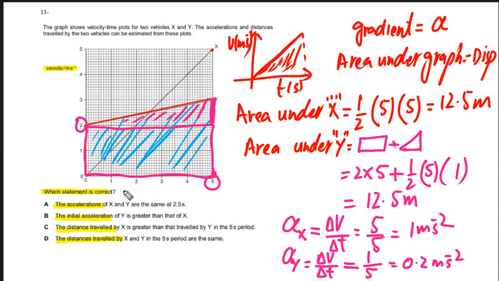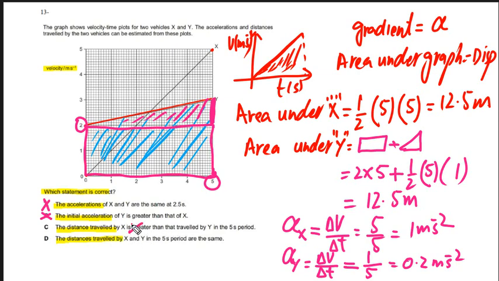Now if you look at these options, acceleration of X and Y are the same. That is not true. Initial acceleration of Y is greater? But we can see here Y is smaller, so this is wrong. Distance traveled by X is greater?